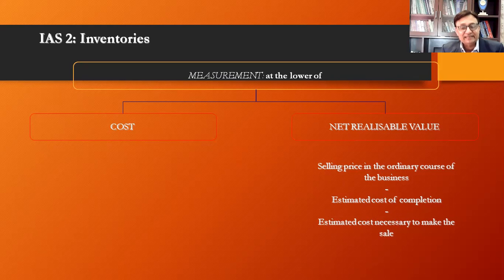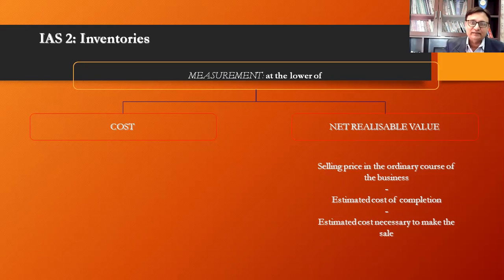That is, what is the selling price of that item in the ordinary course of business? And from that, we will deduct the estimated cost of completion, and we also deduct the estimated cost necessary to make the sale. So first we will determine the selling price.